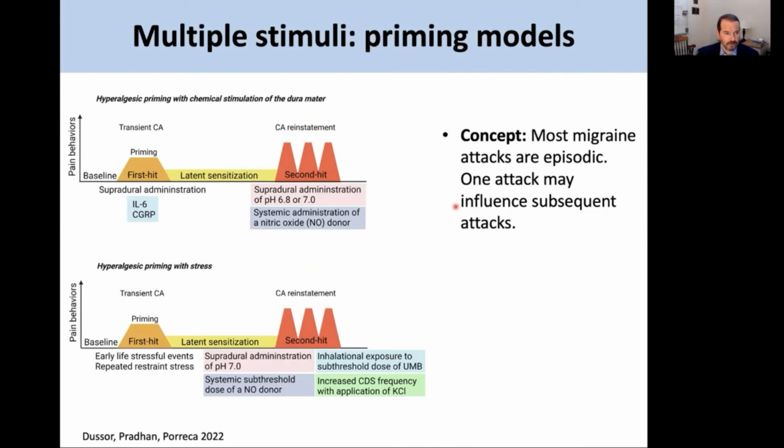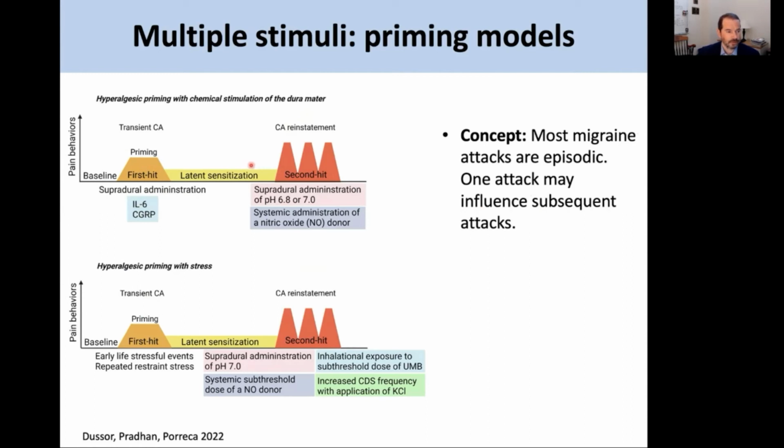Next, we transition into models where there are multiple stimuli. This would be a situation where you would give an animal an initial stimulus. Maybe it's IL-6 on the dura, maybe it's CGRP, maybe it's stress, repeated exposure to stress. That would cause an initial behavioral response in the animal that would resolve after you stop the stimulation.